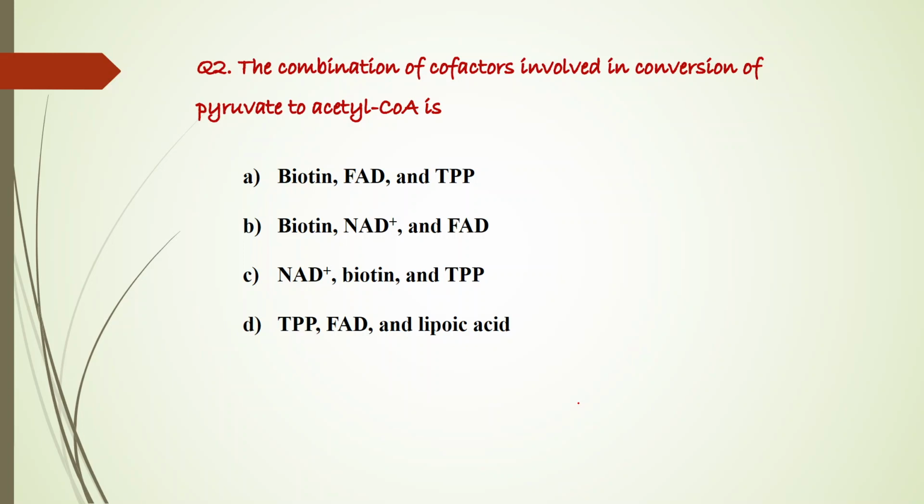For that you need the formation of acetyl-CoA or acetyl coenzyme A. You need to identify which cofactors are involved in this conversion from pyruvate to acetyl-CoA. There are 4 options. If you know the answer, please do write it. Otherwise, I will show it in a minute.